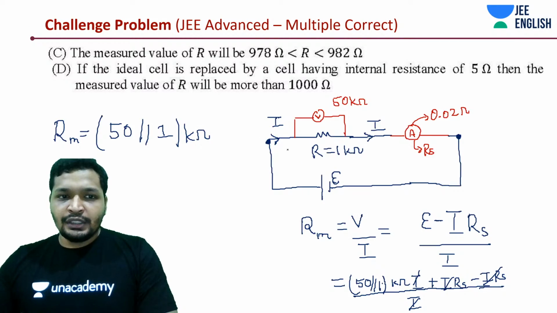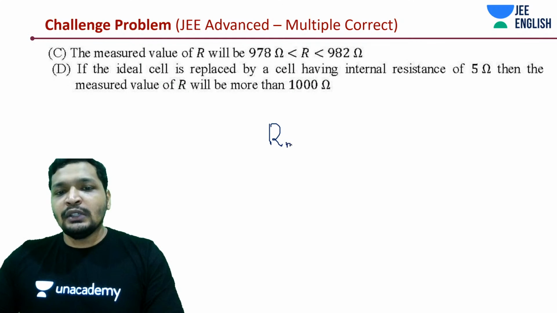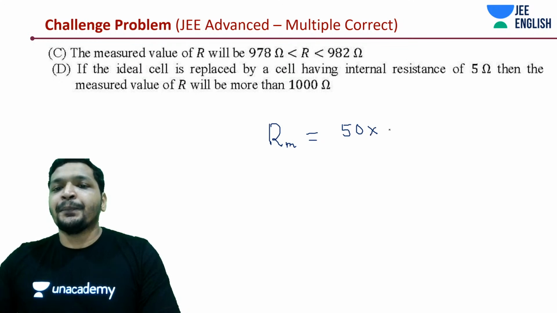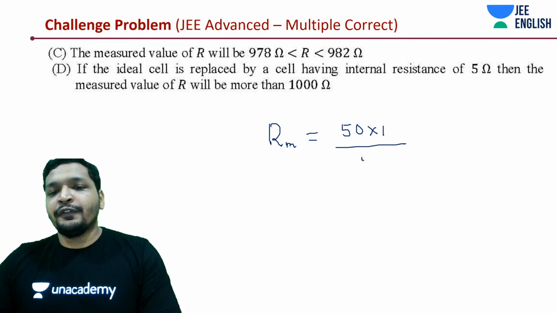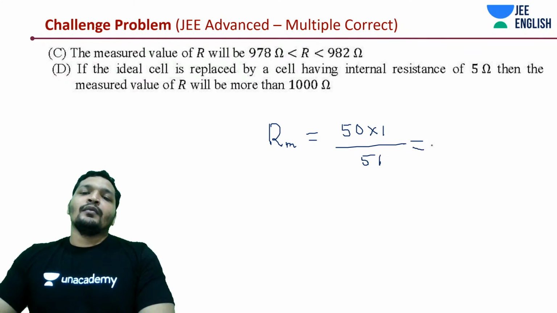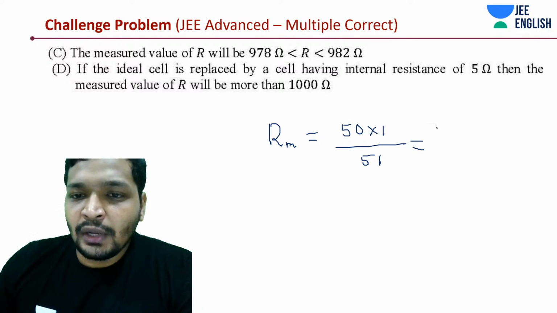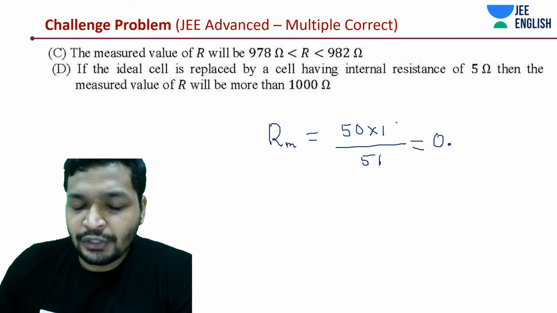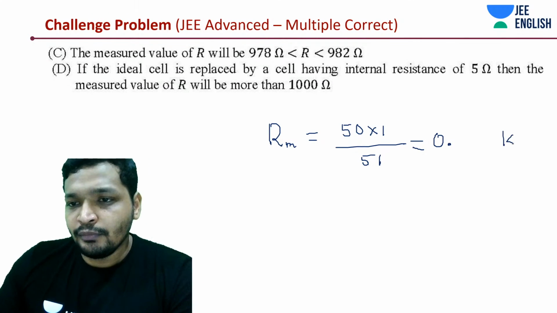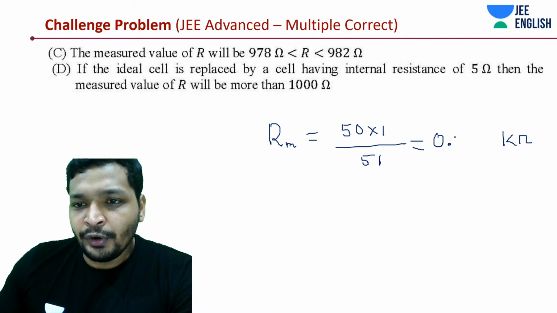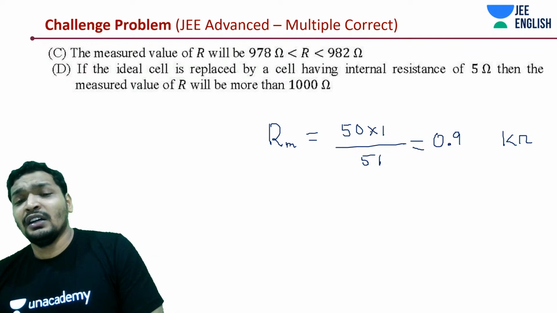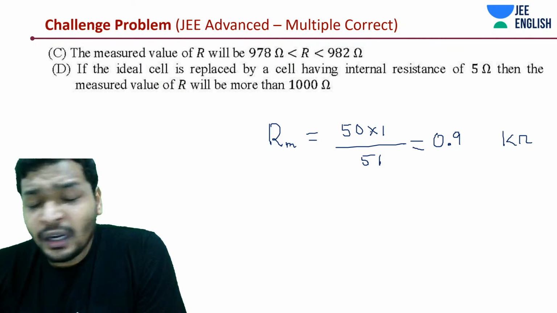Let's do the calculation. So your R measured is basically the voltmeter, that is 50,000 into 1 divided by 51. Calculate it, you will get it, basically in kilo ohm, as 0.9. 9 would be the first thing. So it's 500 minus 9 times 51. 9 times 51, how are you going to do that?